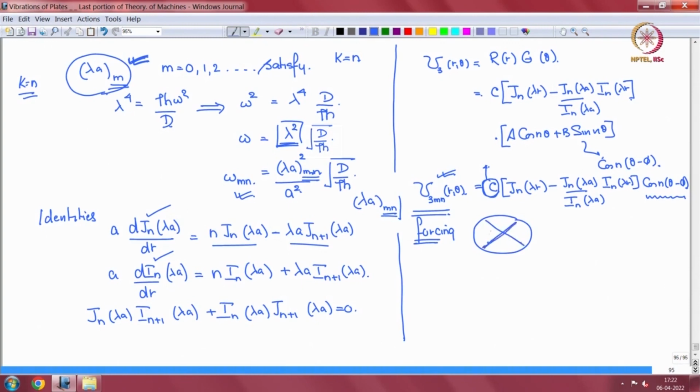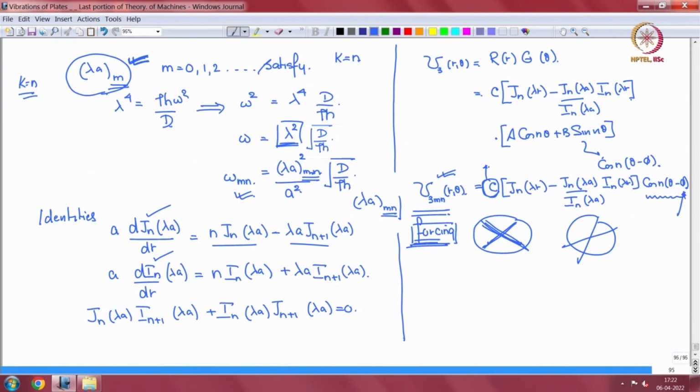For example, if a mode has two nodal lines, whether they will be like this or a little more rotated will not be known. Only when there is a forcing, in accordance with the forcing, the exact φ will be made clear.